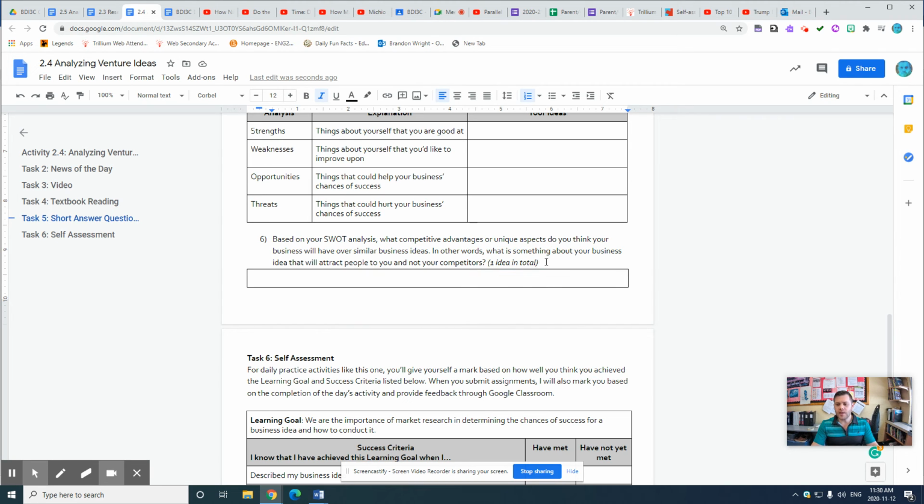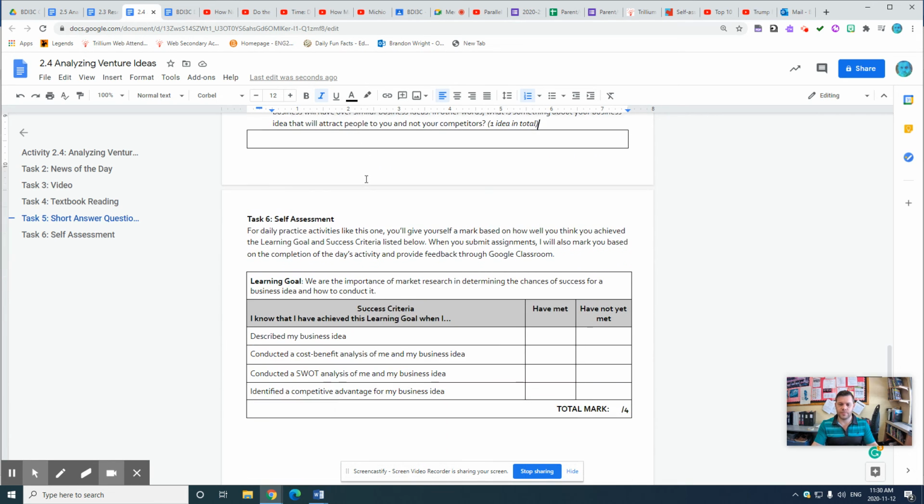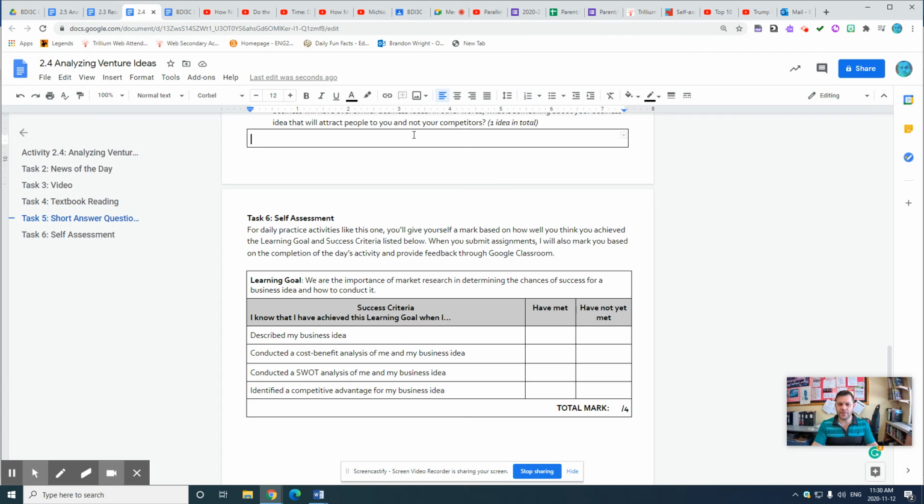So it could be the snow shoveling company that switches over to lawn care in the summertime to make it a full year business. So whatever your competitive advantage is, just put it right there. And finally, the self-assessment.